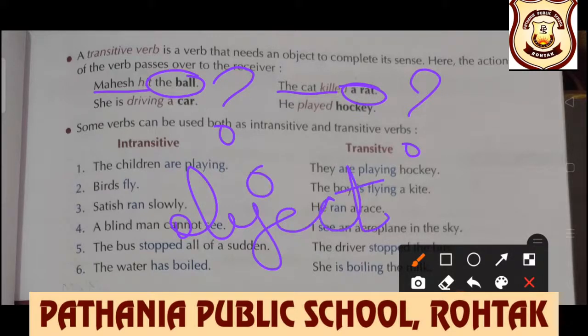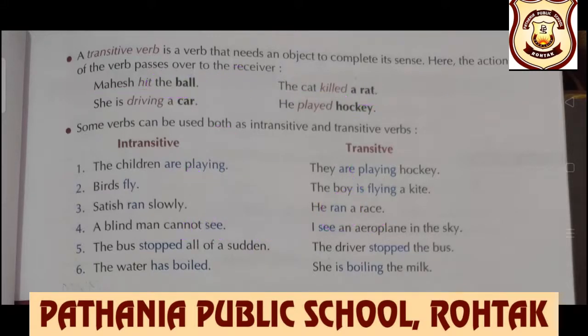So, an intransitive verb means the verb which does not require any object, but a transitive verb always needs an object to complete its sense, and the action of the verb passes over to the receiver.